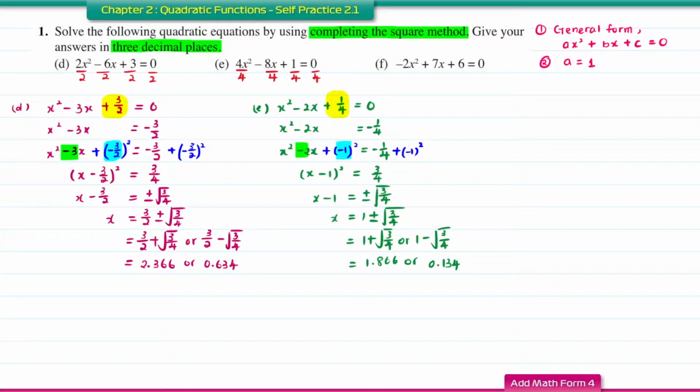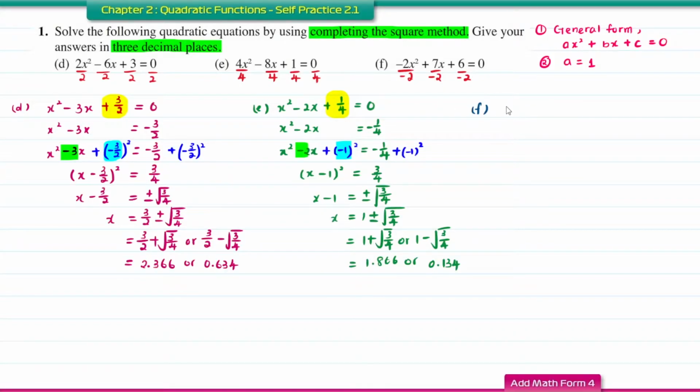Question F. So negative 2x squared plus 7x plus 6 equal to 0. So this has been written in general form, but the a is not a 1, it is a negative 2. Therefore, we're going to divide all of the terms here with negative 2.